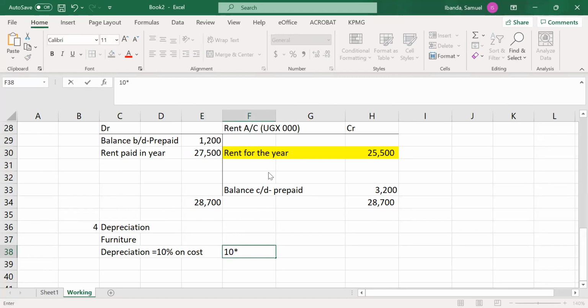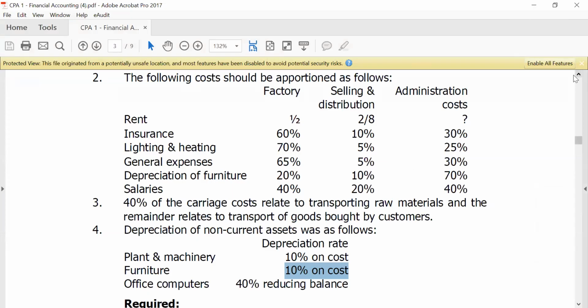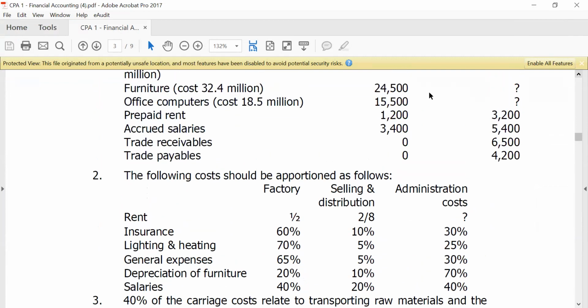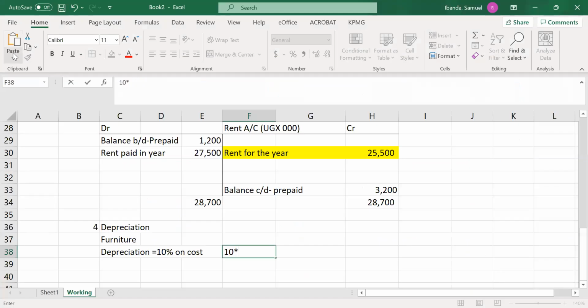The cost of furniture, from what we have been given, is 32.4 million. You don't again take the net book value, you take the cost. So I'll pick this value, 32.4 million.